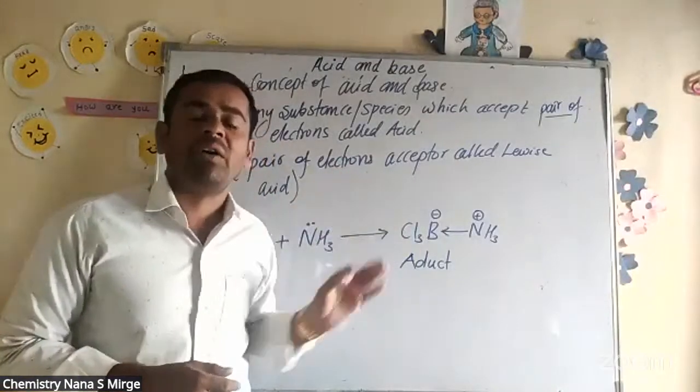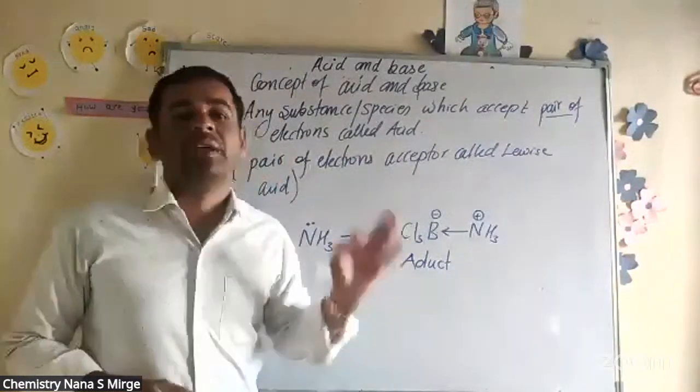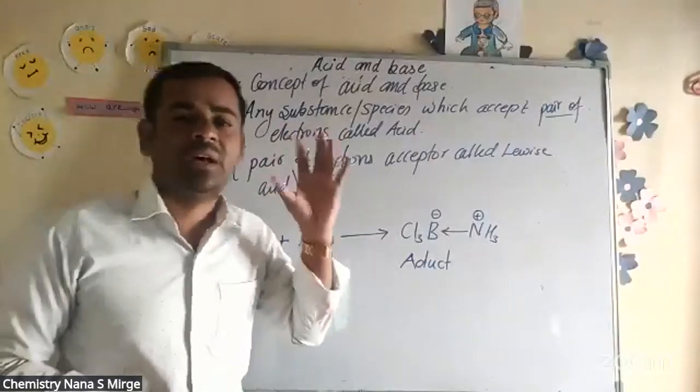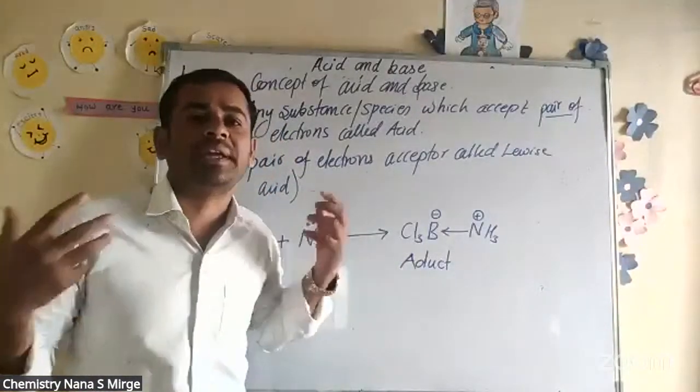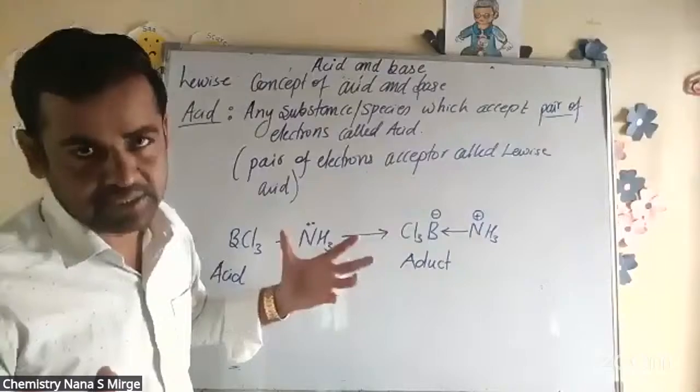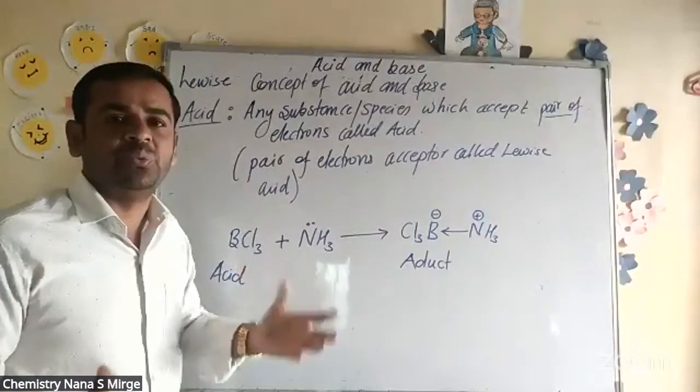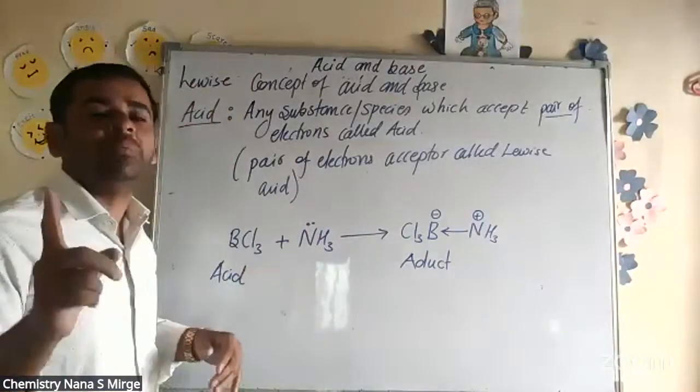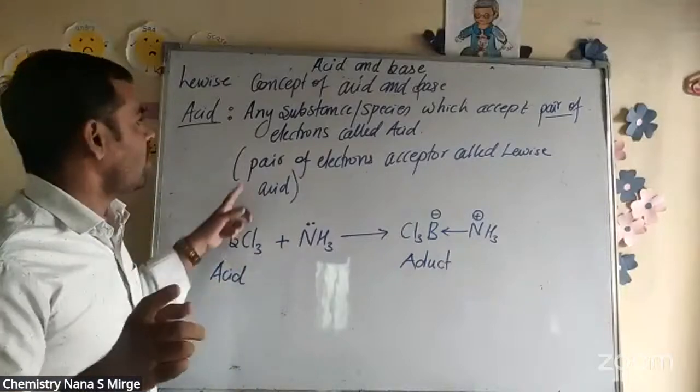So according to Lewis concept, any species which accepts the pair of electrons is called acid. Any species which accepts the lone pair of electrons is called acid.